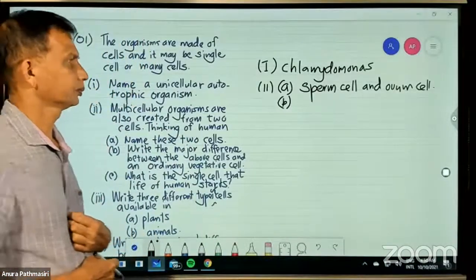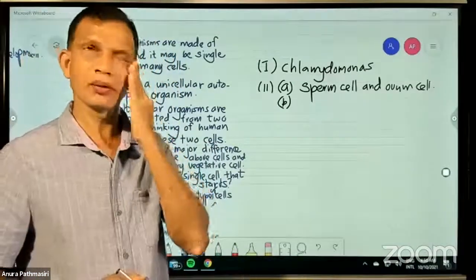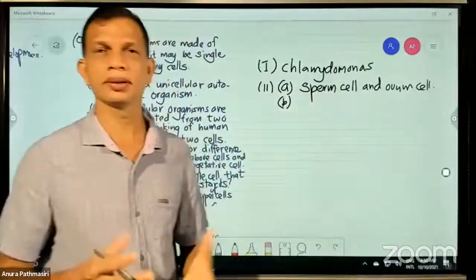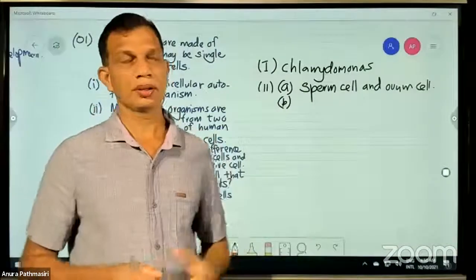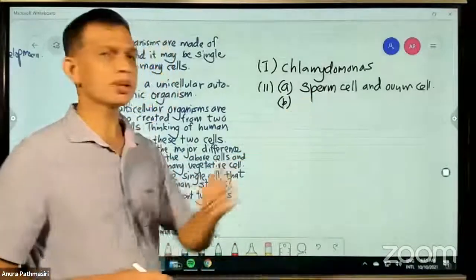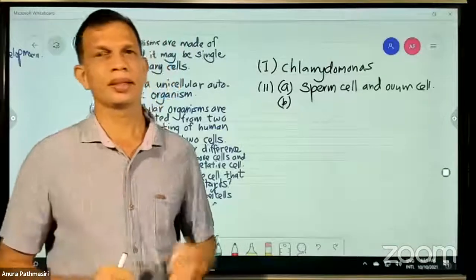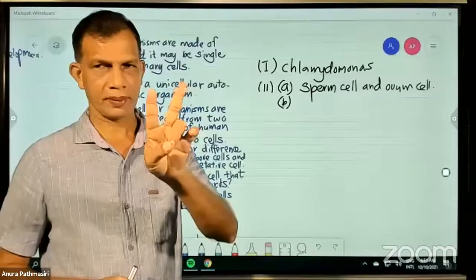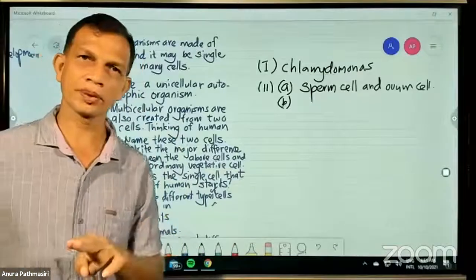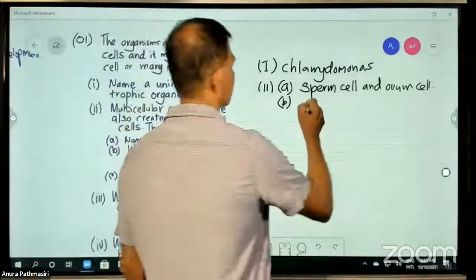No. Ordinary cell division is okay. The way of forming is okay, but what is the difference between these two cells? Sperm and ovum cells have a single set of chromosomes. Vegetative cells have pairs of chromosomes, N type chromosome and 2N type chromosome. Am I correct? Yes, sir.